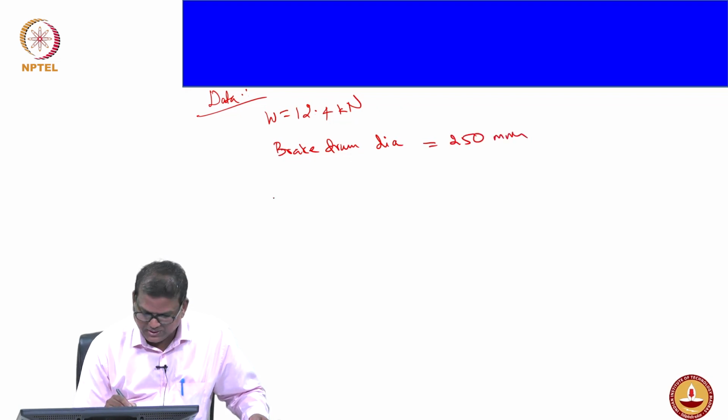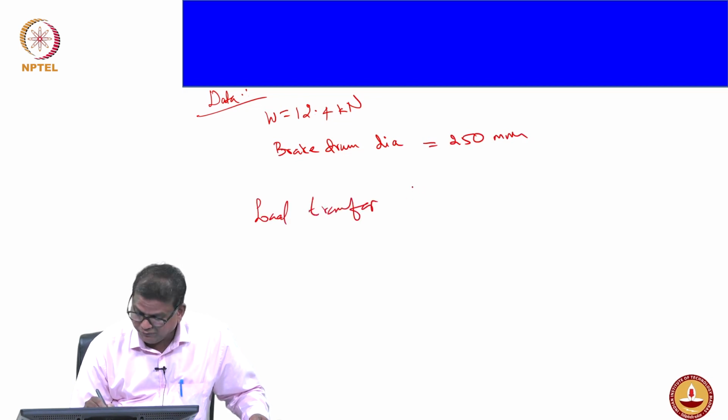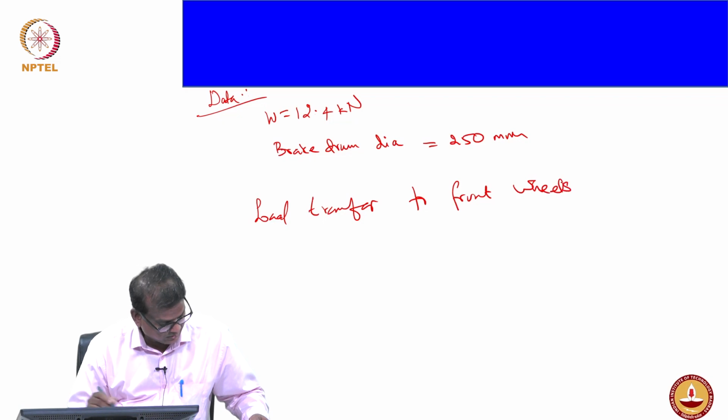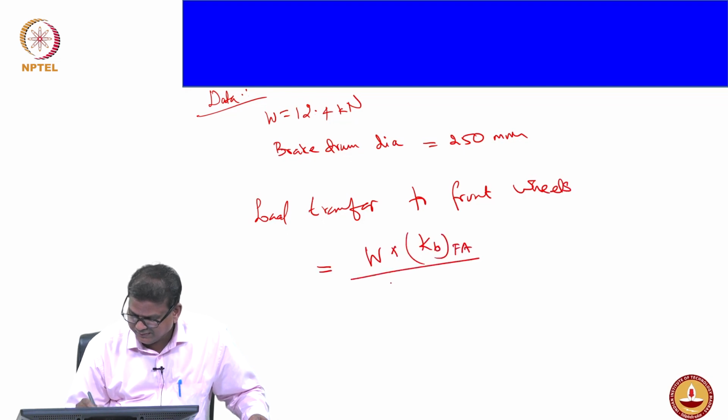Right. Load transfer. When we talk about load transfer to the front wheel, we can have W into the KB front axle divided by KB front axle plus KB rear axle.